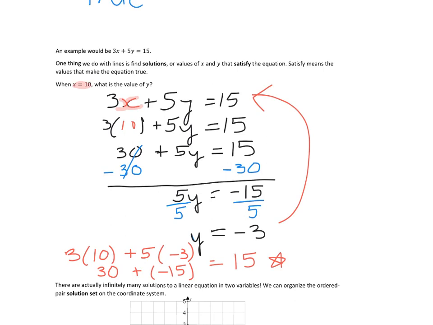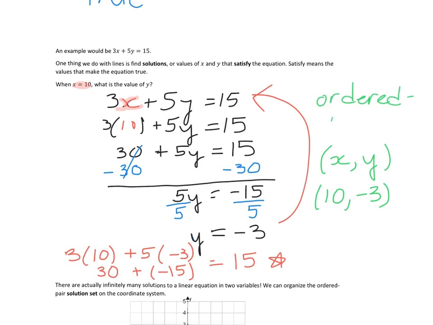A shorthand way of writing that is as an ordered pair, x and y. And again, in this case, x is 10 and y was negative 3. So this is a solution. And again, we write it as an ordered pair. So if you forgot that vocabulary term, let's write it really quick.